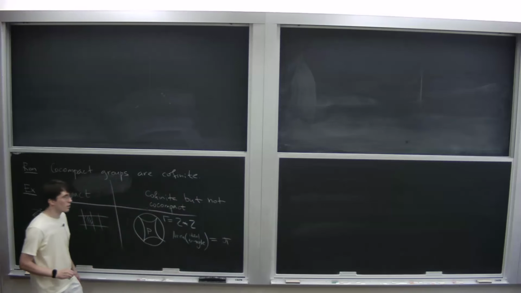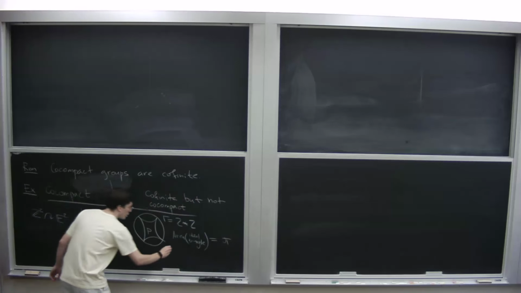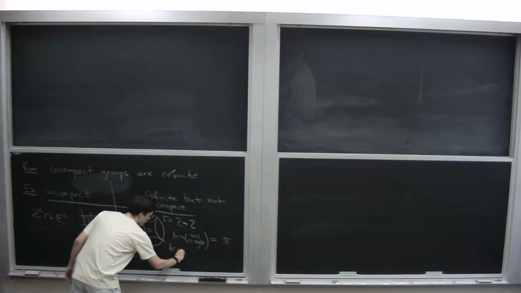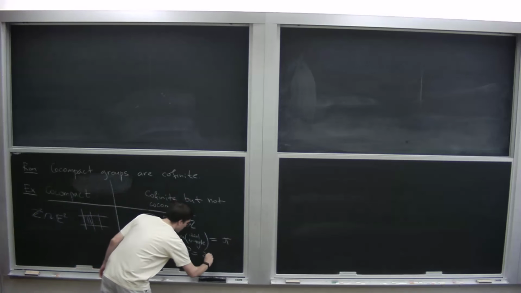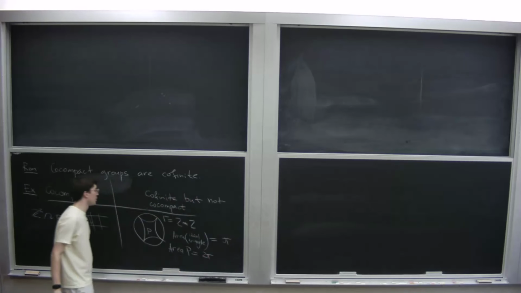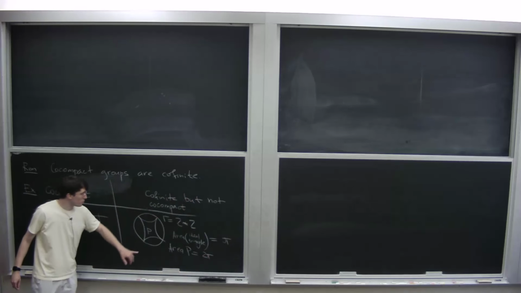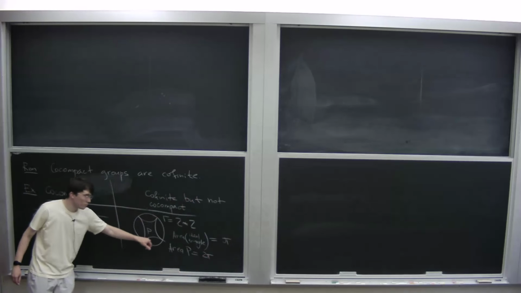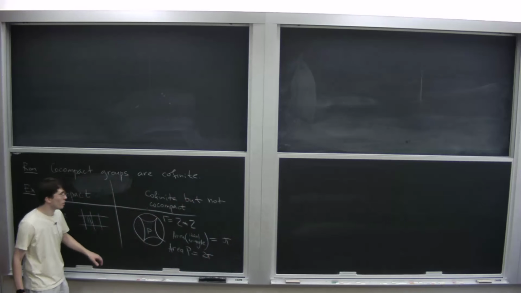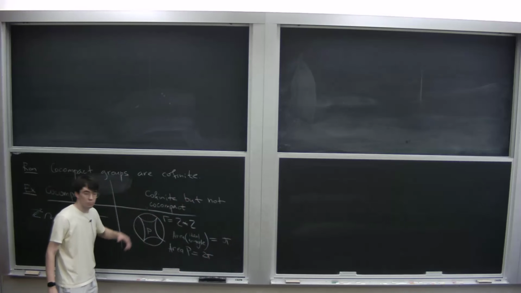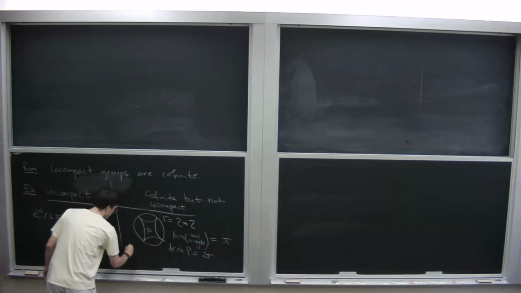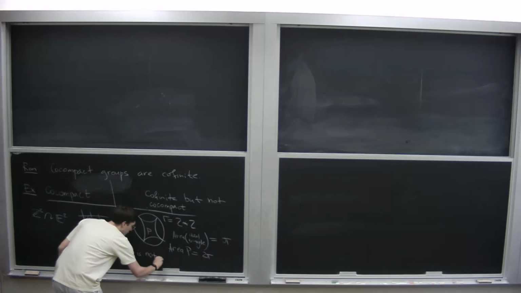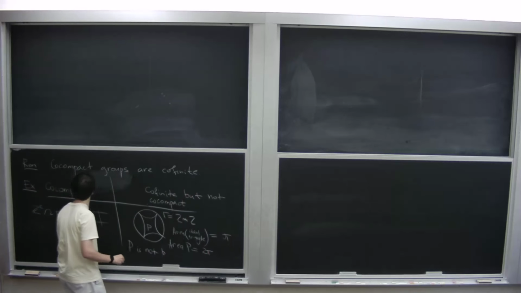But this implies that the area of P is equal to 2 pi. But P itself is not compact, right? It has 4 vertices on the ideal boundary, so it is not bounded in the hyperbolic plane.